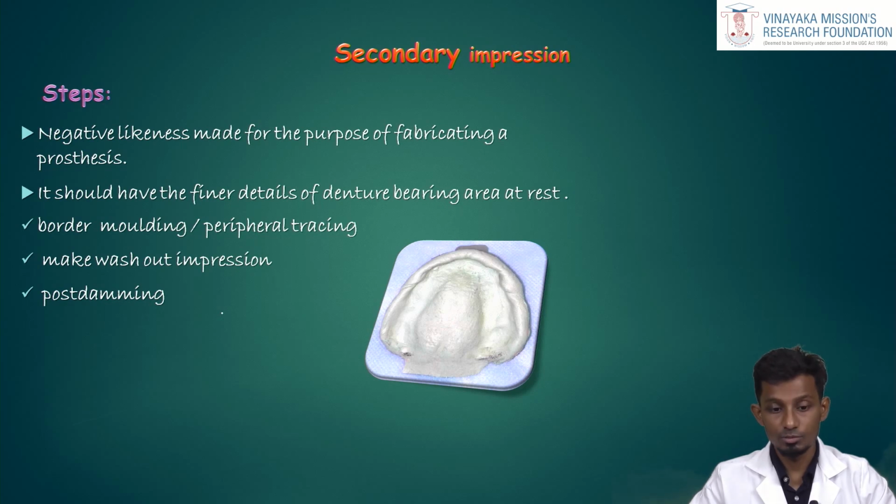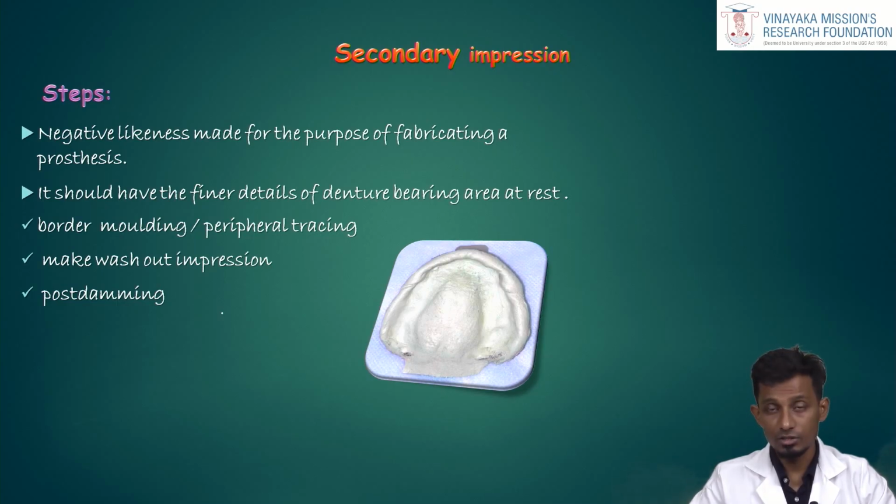Now coming to the secondary impression, it must have a negative likeness made for the purpose of fabricating a prosthesis. It should have the finer details of denture bearing area at rest. Border molding is done, which is also peripheral tracing, and after border molding is done, we make what is called a wash impression, and post damming is done.